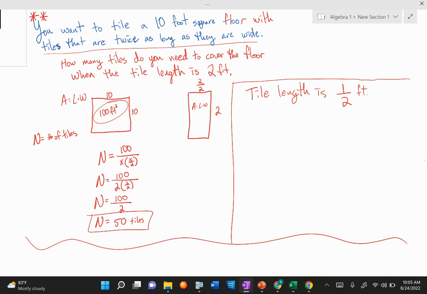Just show me how you would set it up. By set it up, I mean how would it look in this step right here. So now the tile length instead of 2 feet is 1/2 foot. All I want you to do is set up the equation. You don't have to finish it.